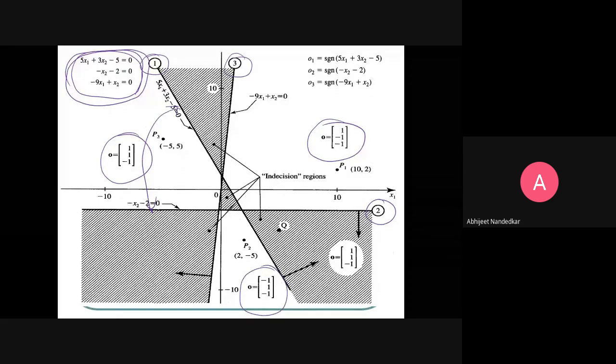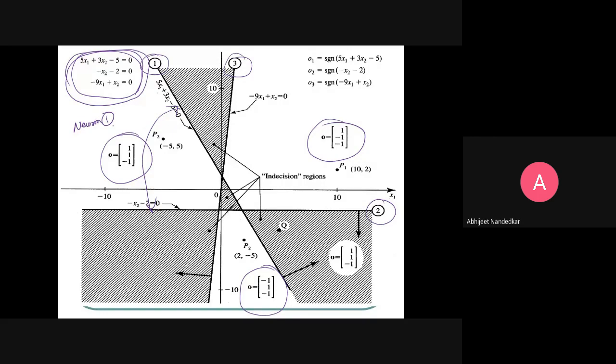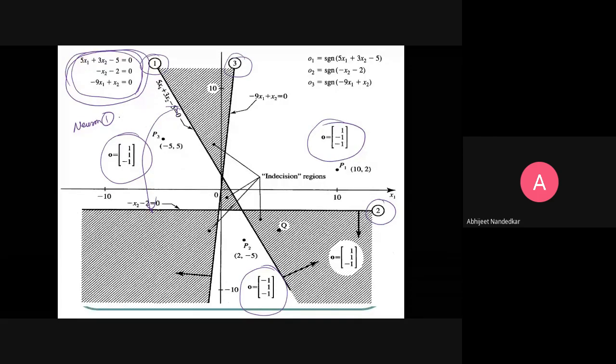This is how a multi-class problem is solved using the same two-class neurons, using many two-class problems, or combining them as 1 versus rest. That means for each neuron, suppose for neuron 1, training data which belongs to class 1 should produce plus 1, and the rest, that is class 2, class 3 up to class k, will produce minus 1.